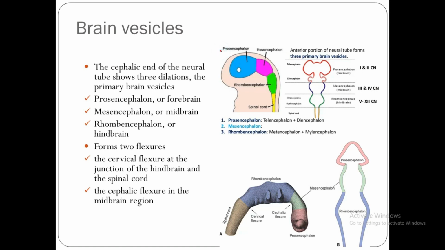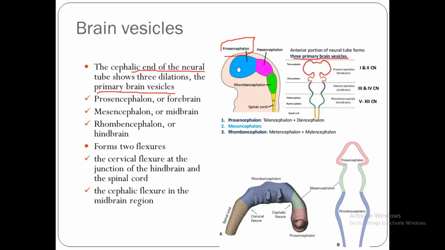You see the swellings appear in the neural tube. First you see a swelling appear close to the cranial region. So we can say that three brain vesicles or three brain swellings appear in the cephalic neural tube. These are known as primary brain vesicles.